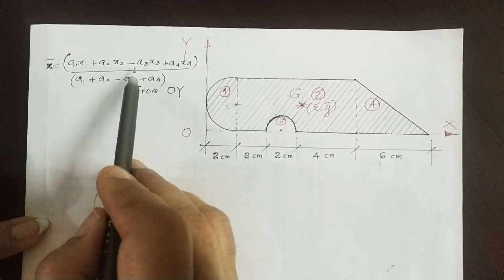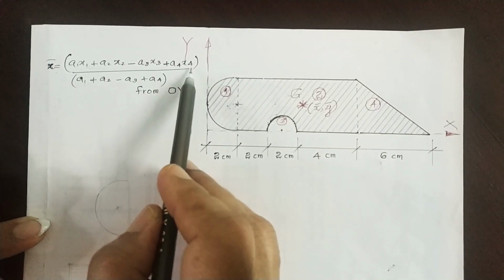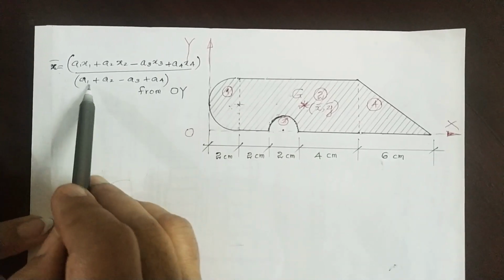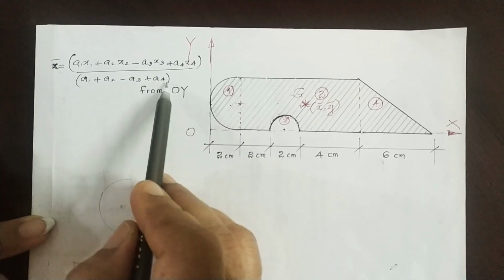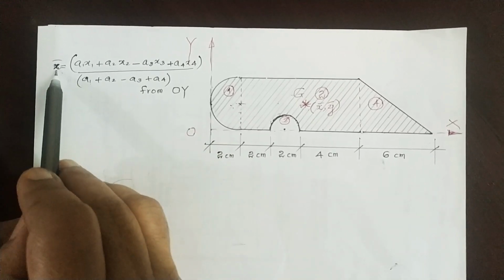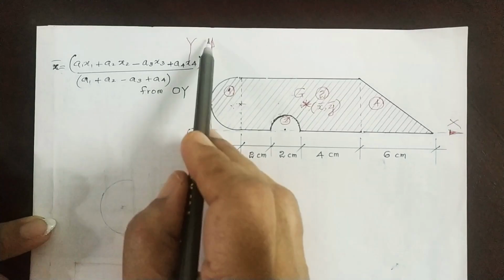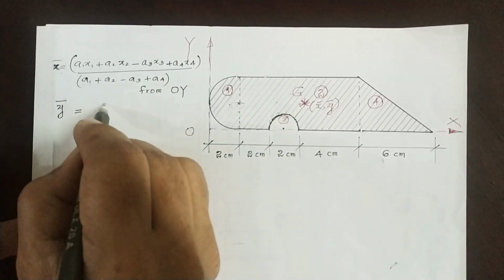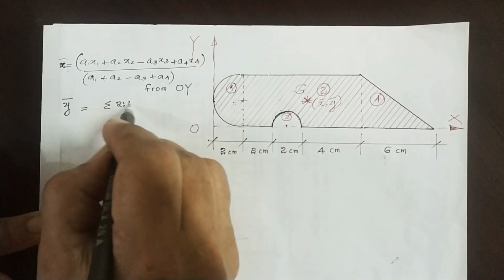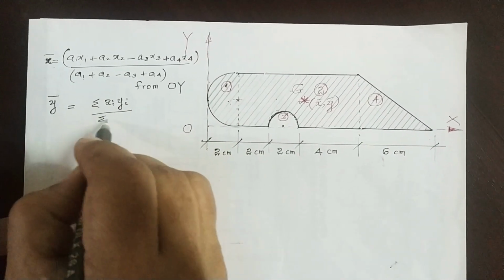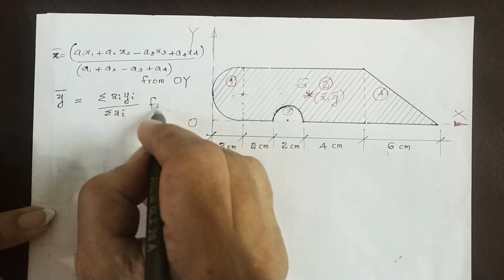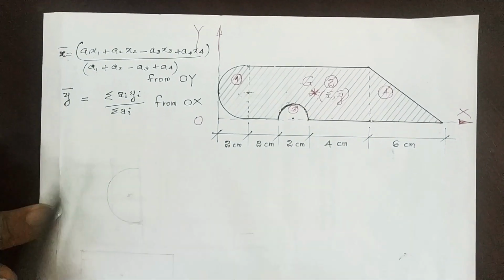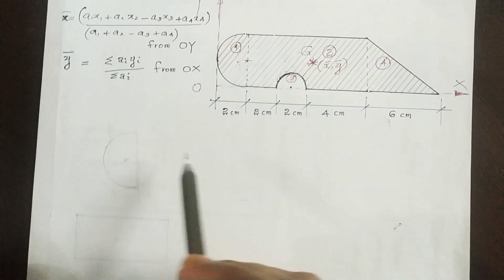The whole is divided by the algebraic sum of the areas, a1 plus a2 minus a3 plus a4. That is the centroidal X bar distance from OY. Similarly, you can have Y bar is equal to sigma AiYi divided by sigma Ai from OX. This is what we are going to work out now.